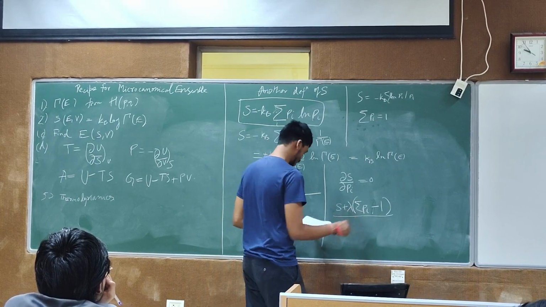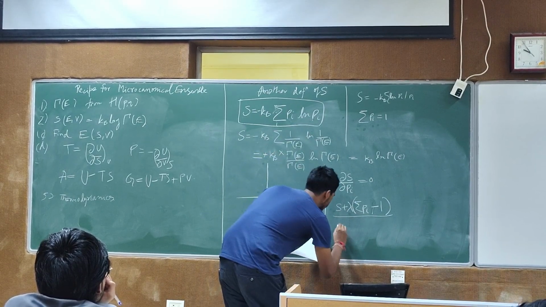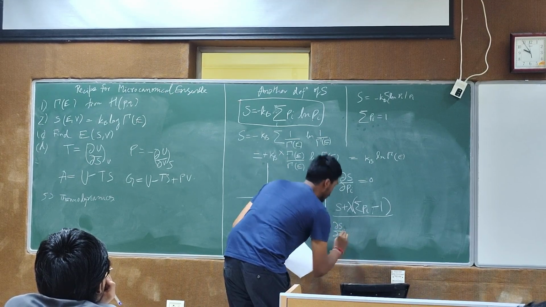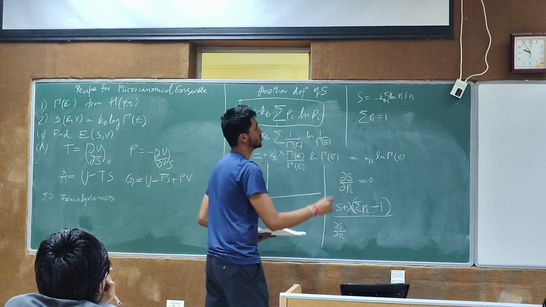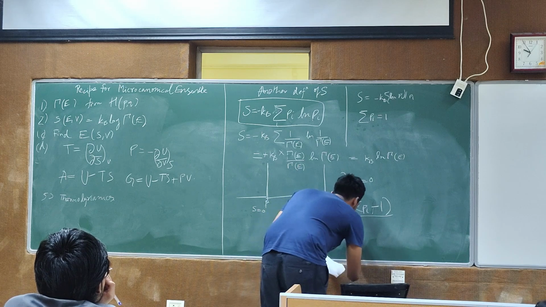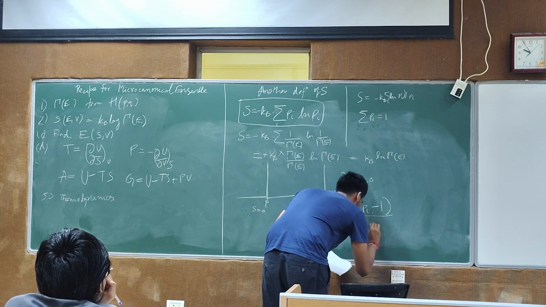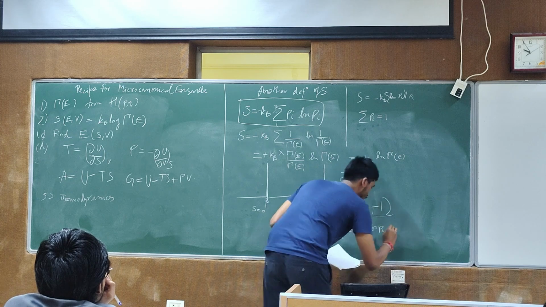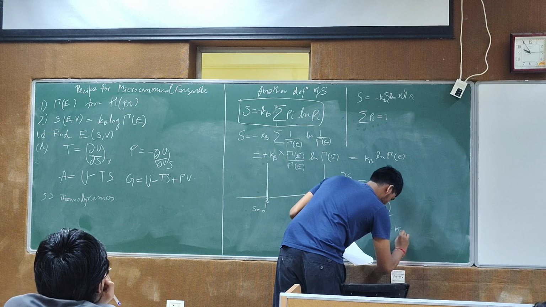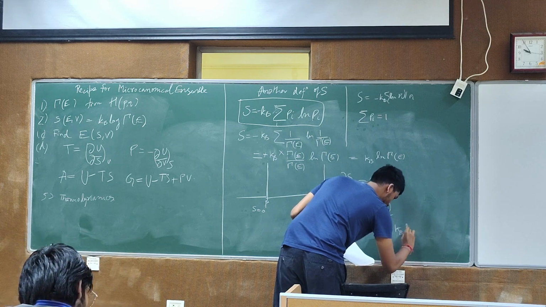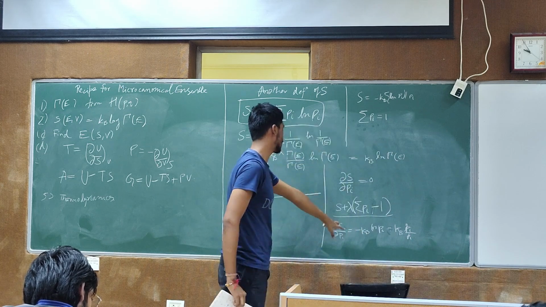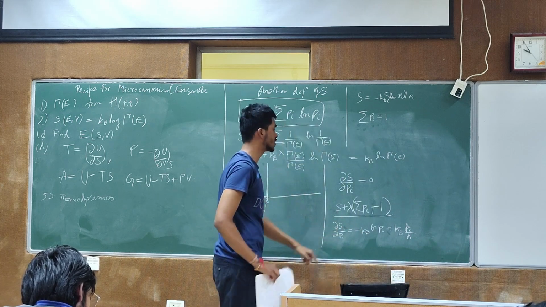So if you do that, del S_lambda del p_i is basically minus k_B times this derivative.